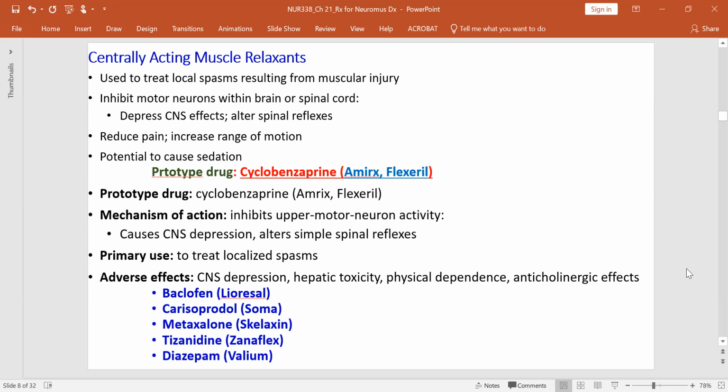The diazepam or Valium, orally or PO, can be dosed up to 10 milligrams twice or 4 times daily.